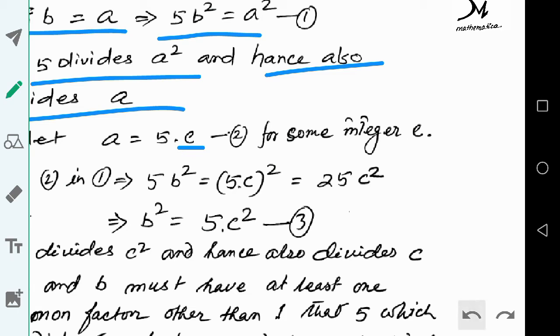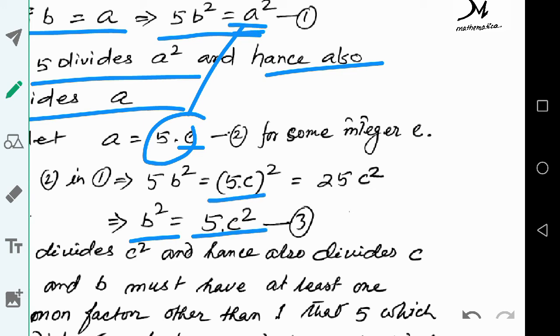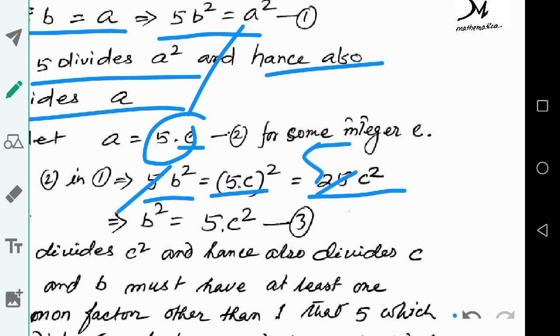Using this value of a in equation number 1, we have replaced the value of a by 5c. So equation number 1 becomes 5b square is equal to 5c whole square, which is equal to 25c square. Cancelling both sides by 5, 5 5s are 25, we have got b square is equal to 5c square. 5 into c square is equal to b square.